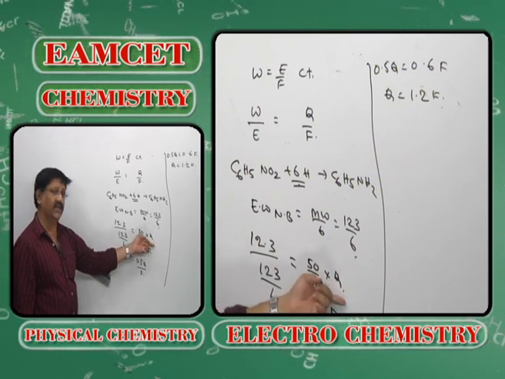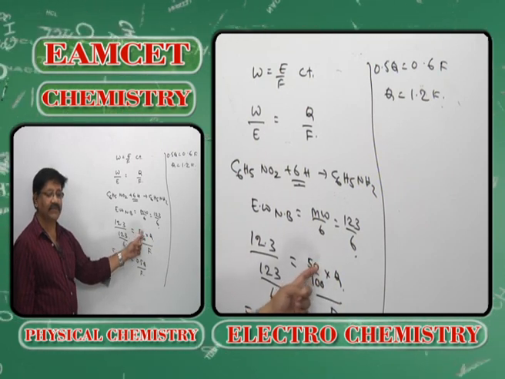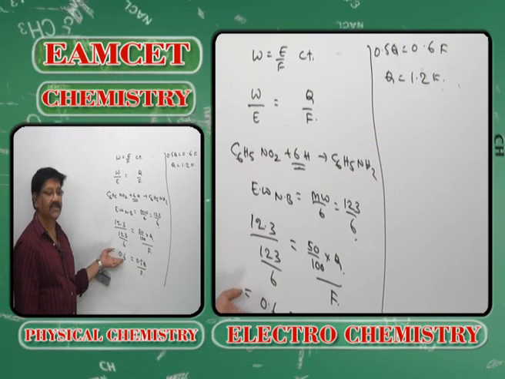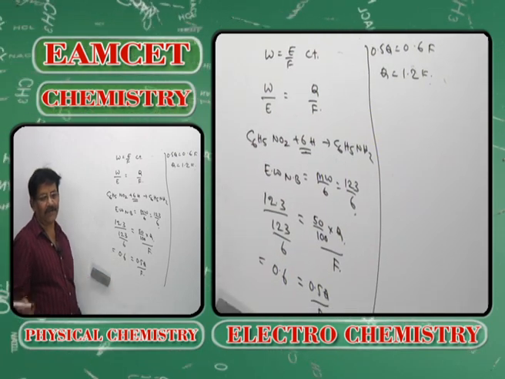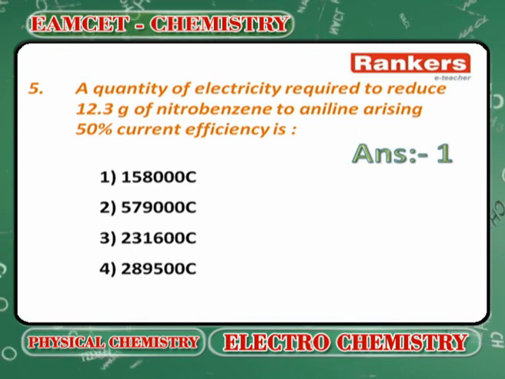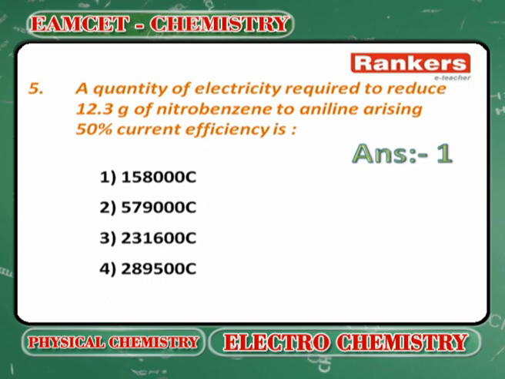So 0.5 Q will be equal to 0.6 Faraday, Q will be equal to 1.2 Faraday, 1.2 into 96,500, which comes around 1,58,000 coulombs. Next.